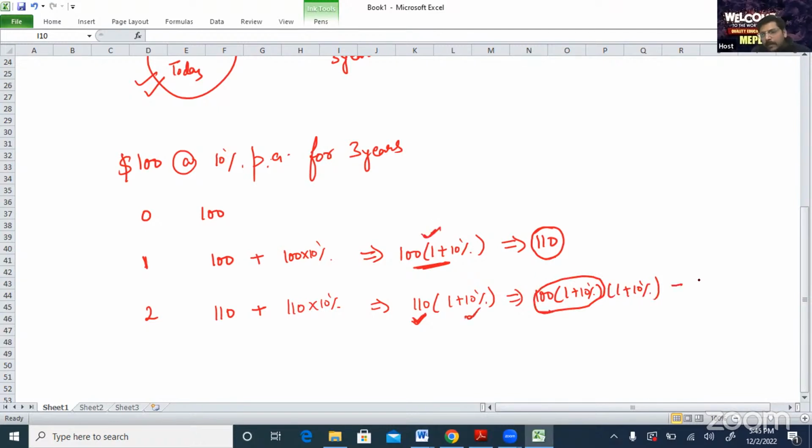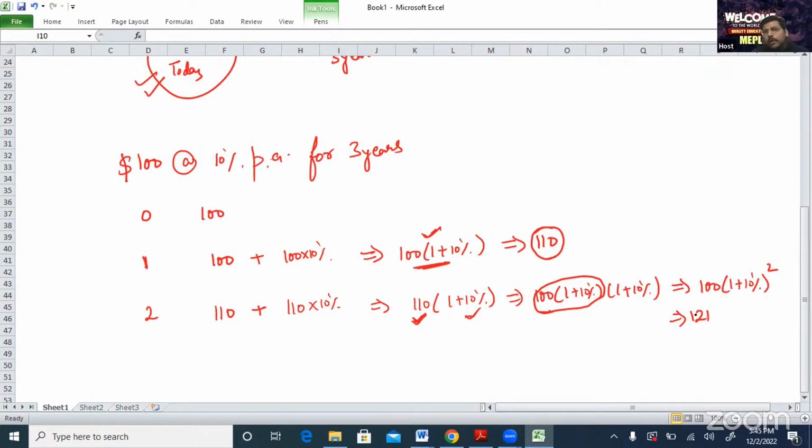So I can rewrite it like this: 100 into 1 plus 10% raised to the power 2. So it becomes square. That is the value after 2 years. So if I solve it, it becomes how much? 121.